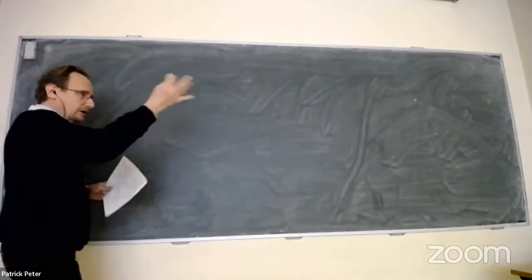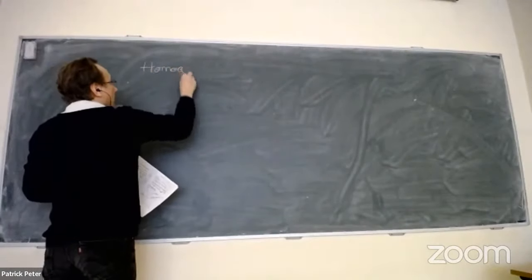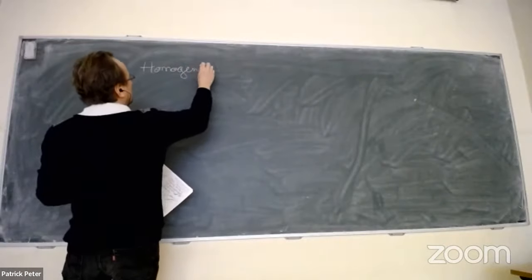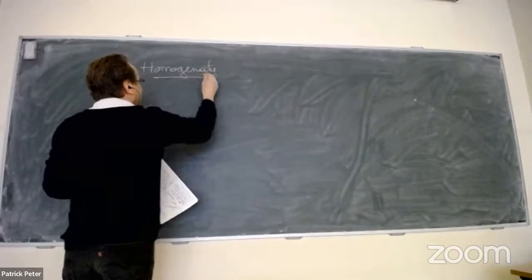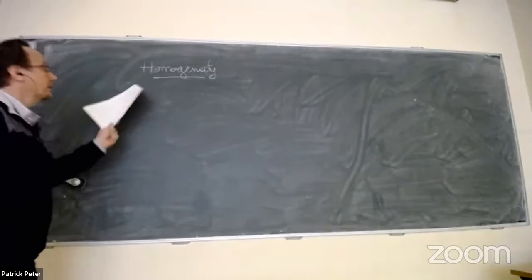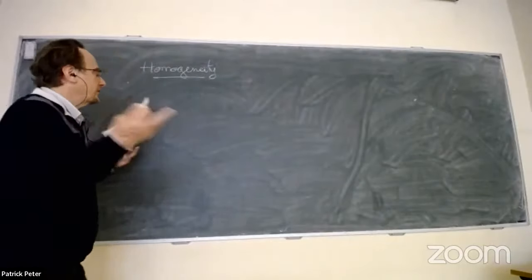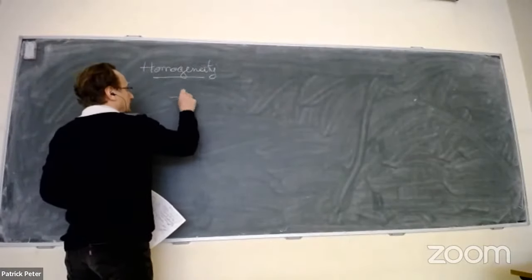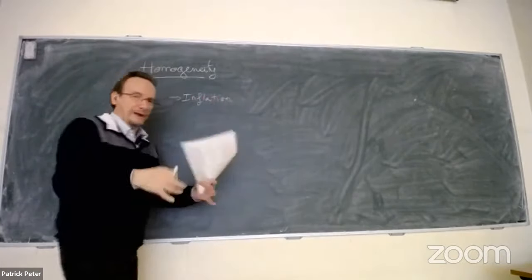Another issue which is often mentioned is homogeneity. I mean, we're seeing an isotropic universe. I will go to that later, but we're also seeing a homogeneous universe. So inflation solves that by saying that you start with a very small patch originally.